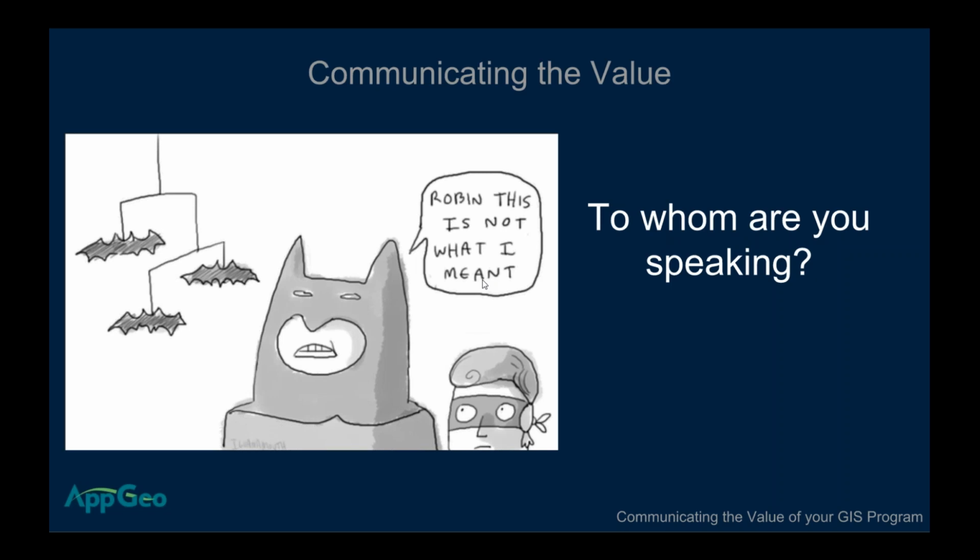Is it about streamlining workflows? What's been in the papers lately? Is it about inefficiencies, or is it about wasted overtime? What are ways that the GIS can help streamline those workflows so that you can help make your leaders look good?